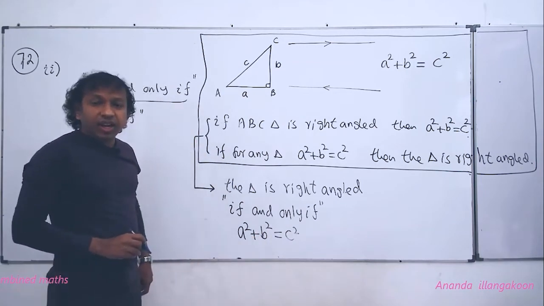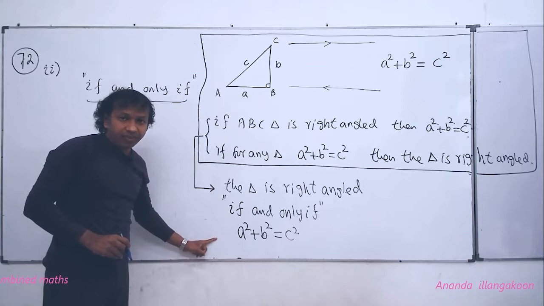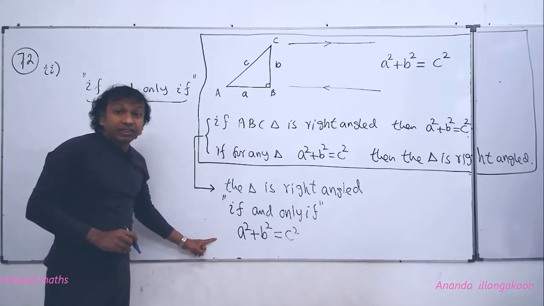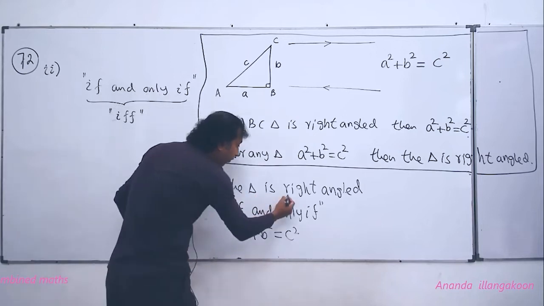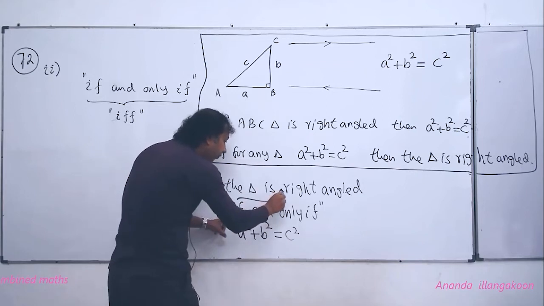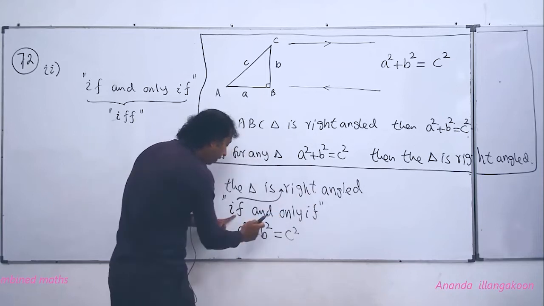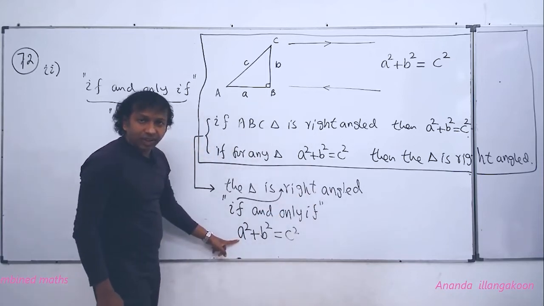Then how do you understand when you are given this kind of statement? This is how we join this. The triangle is right angle. Then we join like this: if the triangle is right angle, then this is true. Understand? Backward result.